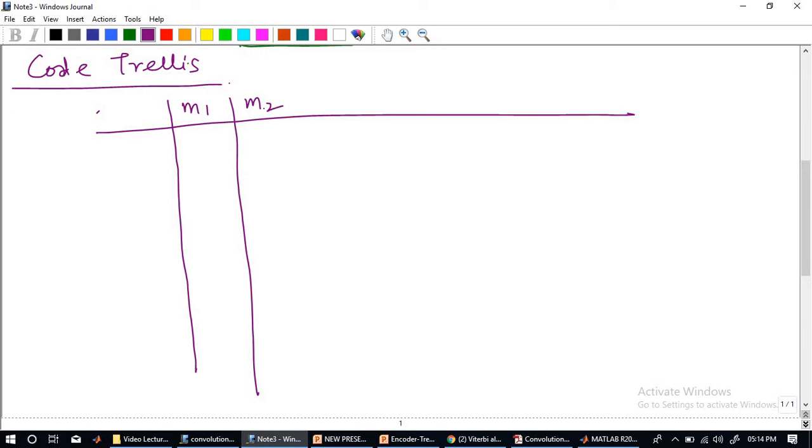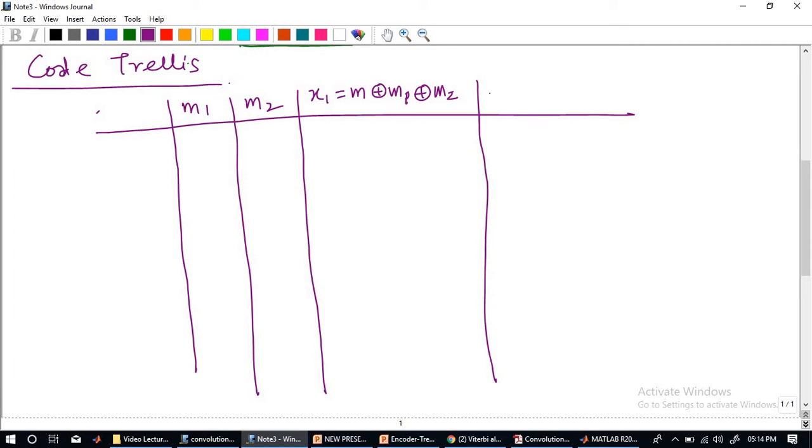Please stop me if anywhere you are not able to understand, because this is very crucial. So this is my generic equation.